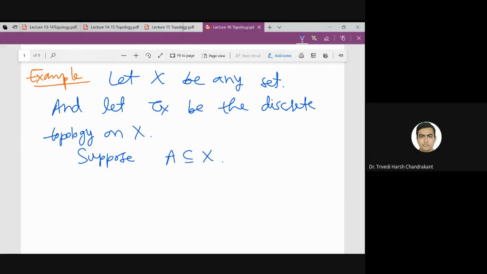If you want, you can discuss the empty set separately, otherwise that is also fine. So what can we say about A complement? Whether A complement is also a subset of X?